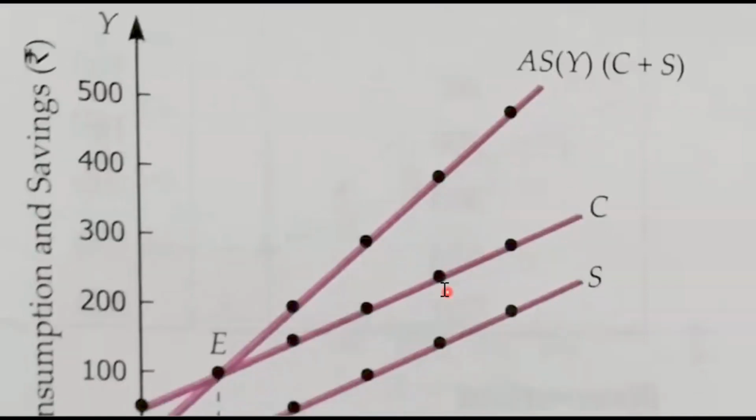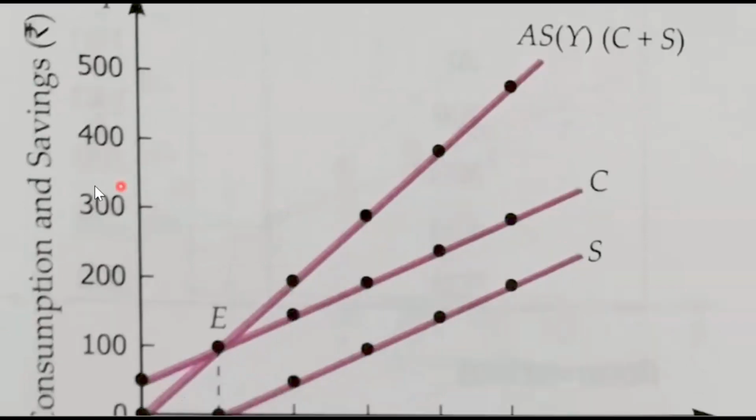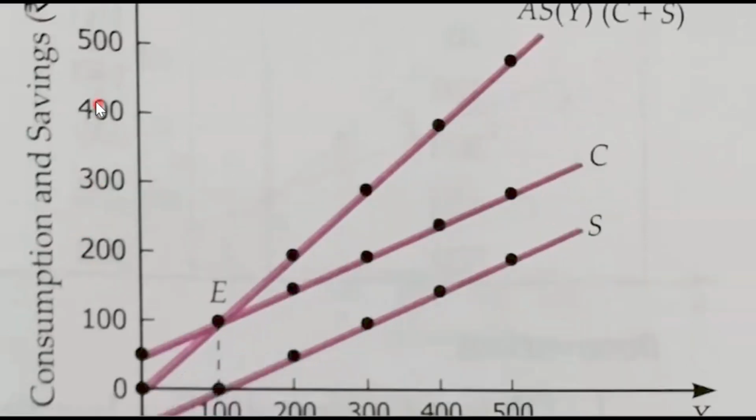Here we go. This is the graph. On the y-axis, we are showing AD or consumption and saving. On the x-axis, we are representing income, that is national income. Now here you can see that at zero level of income, aggregate supply is zero.